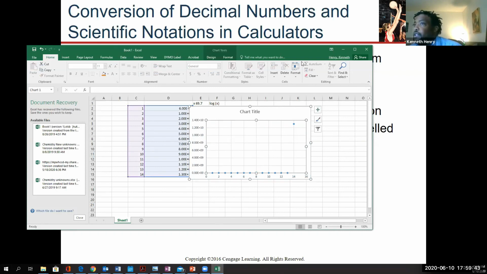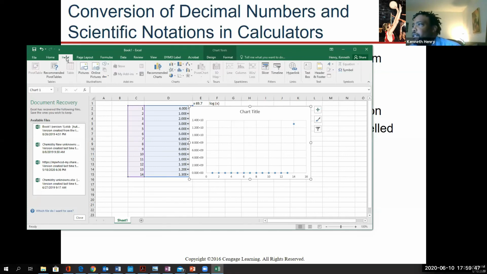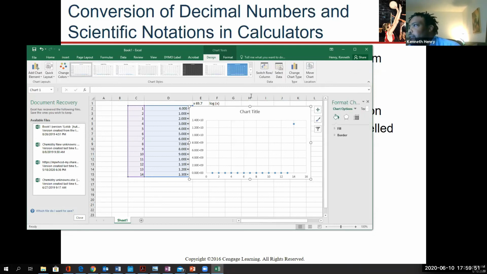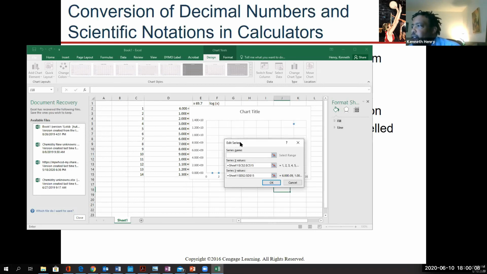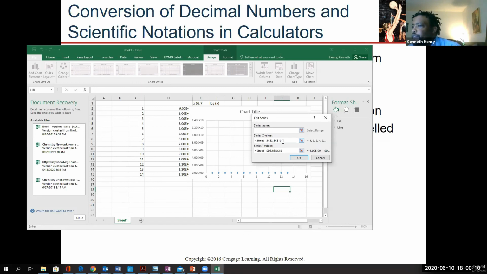So what I'm going to do is click onto my graph, go under data selection, and then click on here, hit edit, and then instead of going to 15, I'm just going to go to 14.